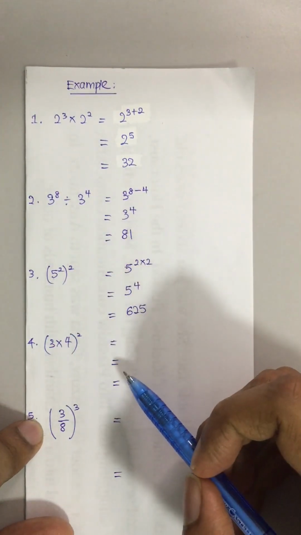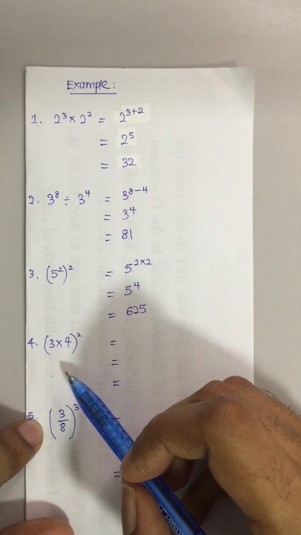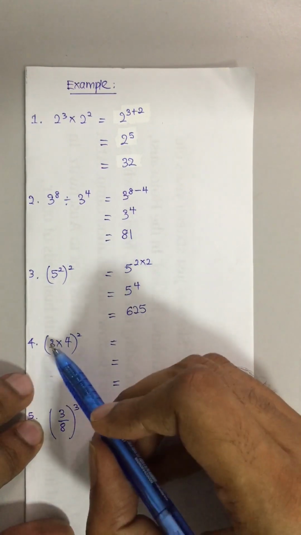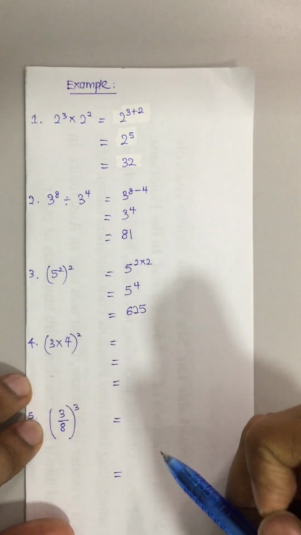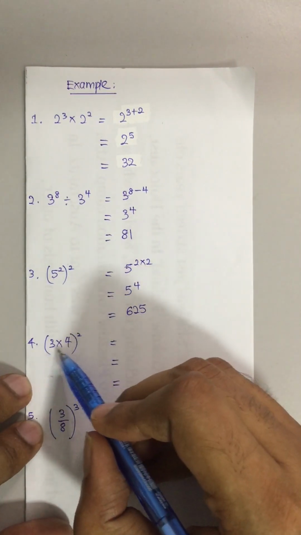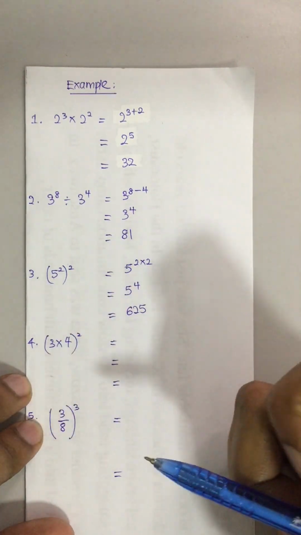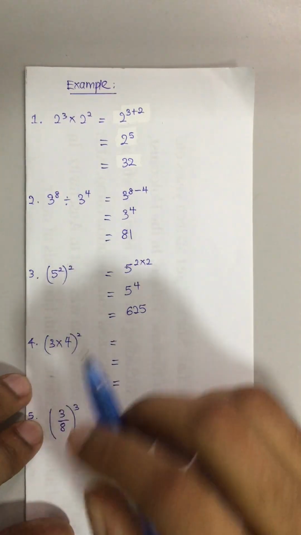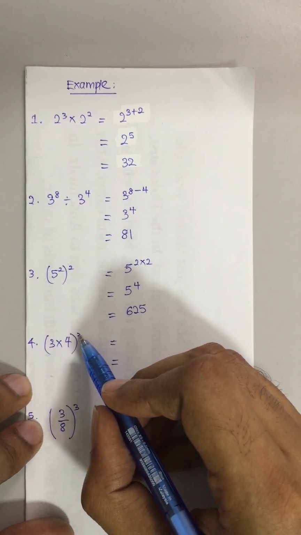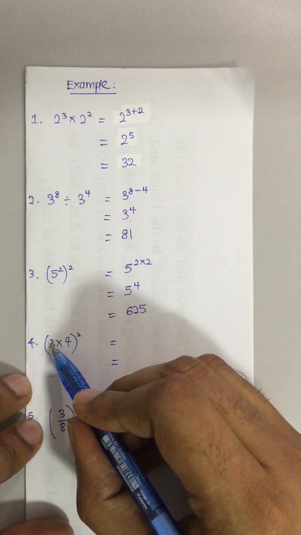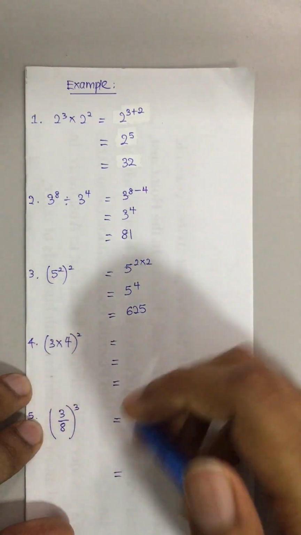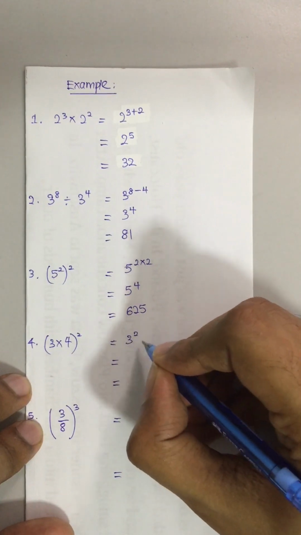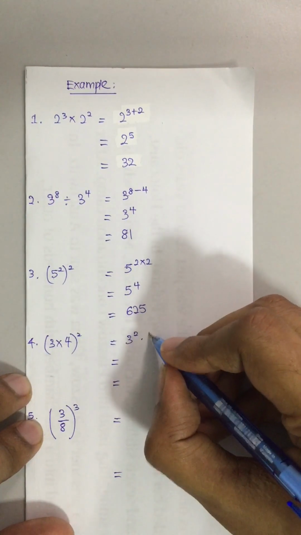Let us move on to example number 4. Here you have two different bases, but they are within the same bracket and raised to the power together. 3 times 4 in a bracket, power of 2. How are we going to solve? The power, the square here, we're going to apply to the 3 and 4 respectively. Let me show you the working. 3 square times 4 square.